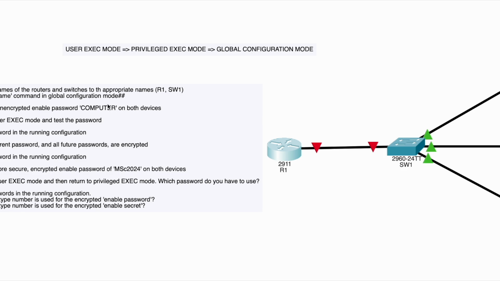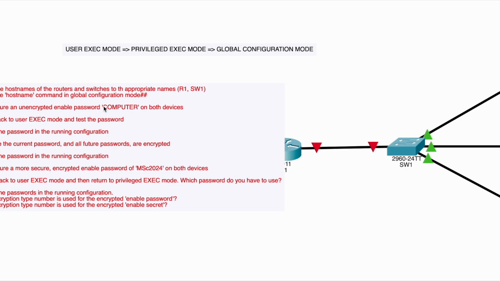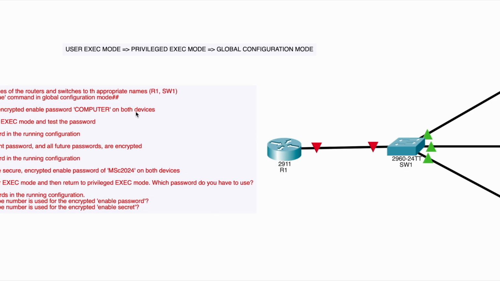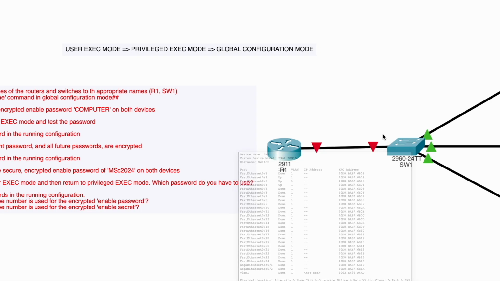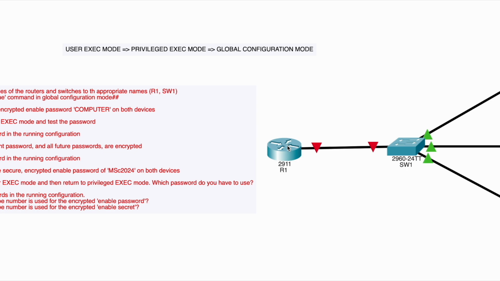So they give us the value of that password, which is computer, on both devices, meaning on router and on switch. I'm going to do that on router, then you still practice the same. You do the router and the switch as well as your classwork. All right, let's go. In what mode can we configure password?